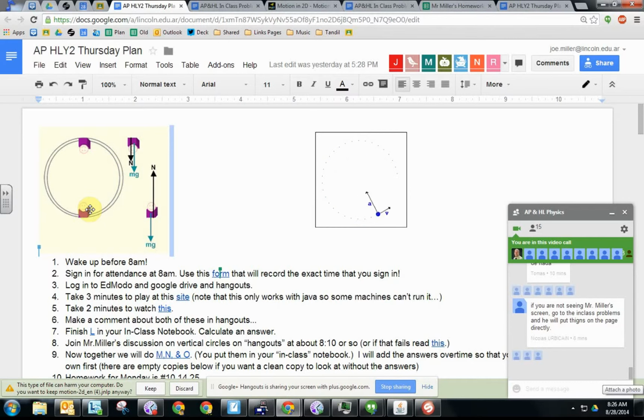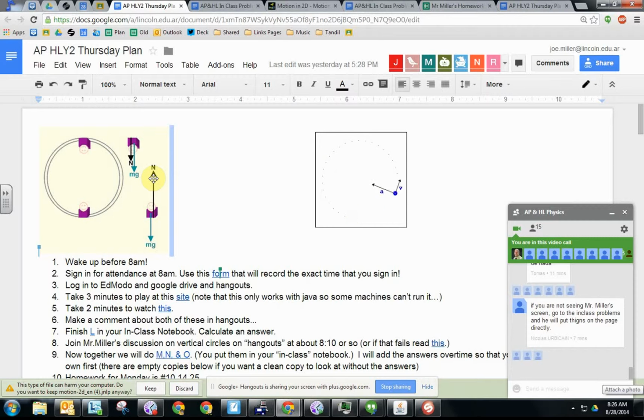Or in this picture, gravity's pulling down, but the normal force of the roller coaster's pushing up. And so on the bottom, you can see the normal force ends up needing to be much bigger, because it has to counteract gravity and then be bigger to have some leftover force for the centripetal force.